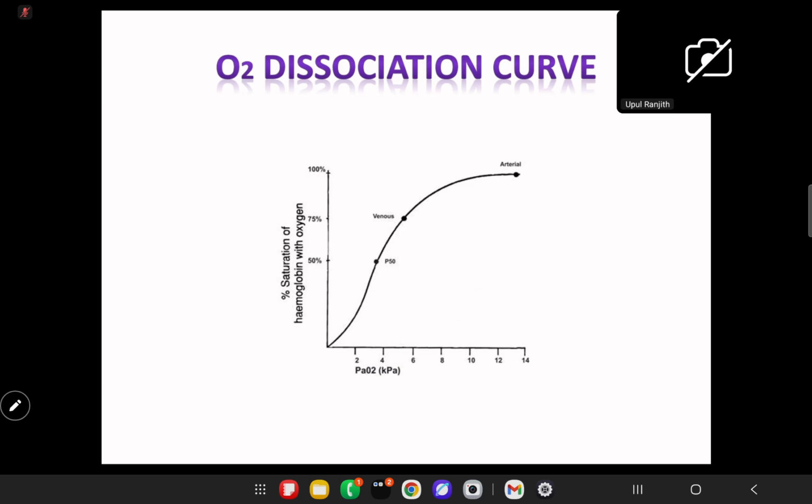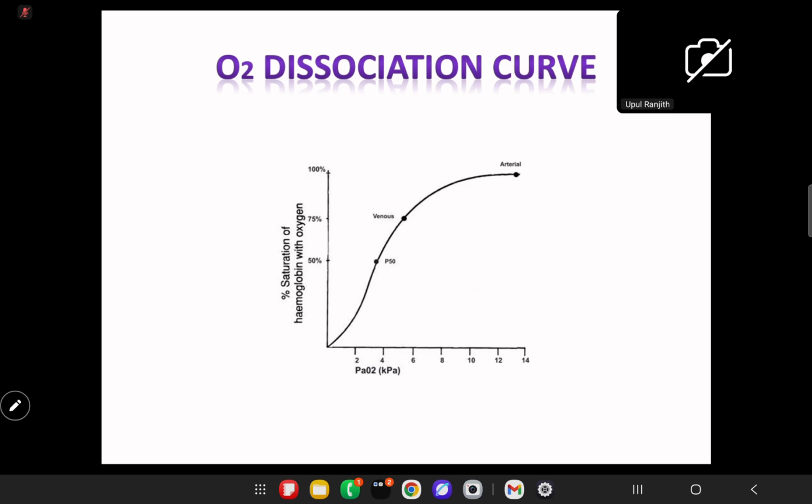So you should be able to draw the oxygen dissociation curve and then discuss it. On the x-axis is the partial pressure of oxygen, here in kilopascal, but you can take millimeters of mercury also. On the y-axis, the percentage saturation of hemoglobin with oxygen.